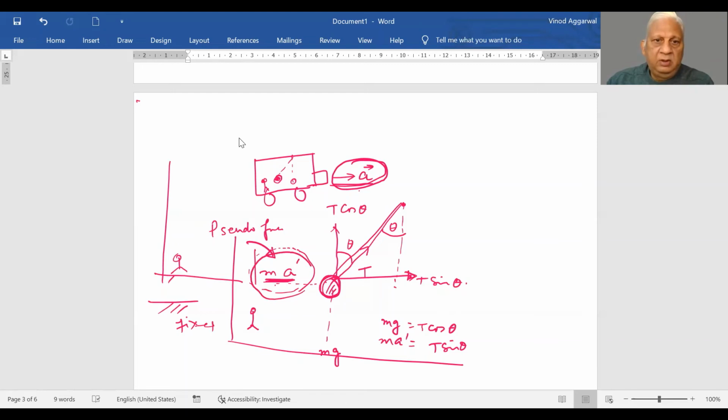Where does this pseudo force come from? The pseudo force is coming purely because of the fact that this frame of reference is accelerating with respect to this frame of reference. Hence, a pseudo force is generated.